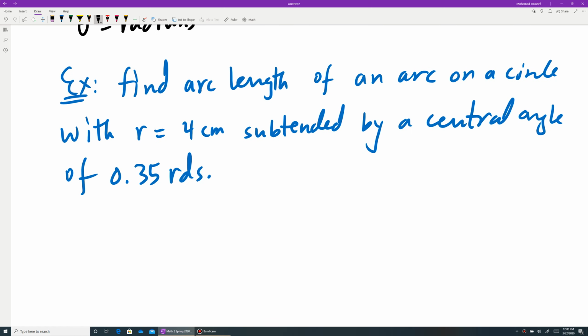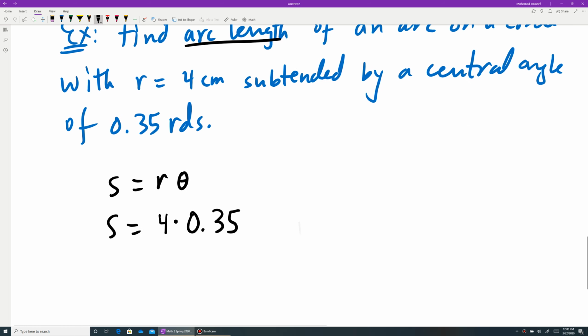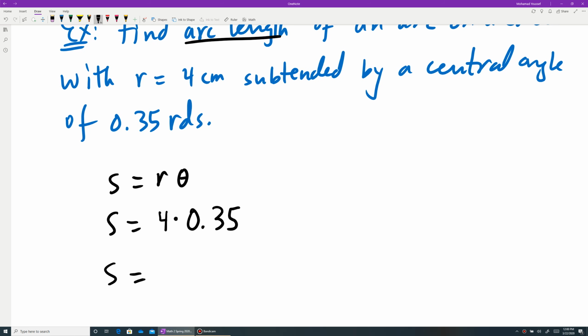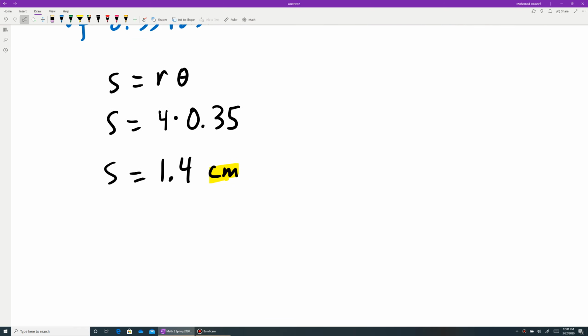They're asking about the arc length, so we write the formula S equals r theta. They give us the radius, 4 centimeters, times theta. This theta has to be in radians, which they already gave us as 0.35. If we multiply that out, we get 1.4 centimeters. The unit for S matches the unit of the radius. Whatever the unit of the radius is, the arc length has the same unit.